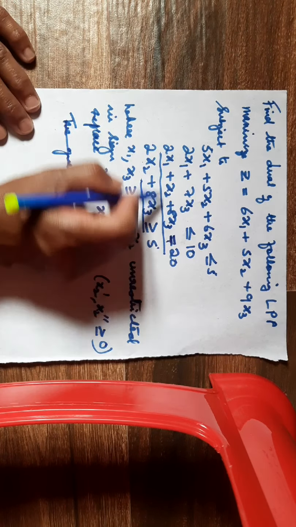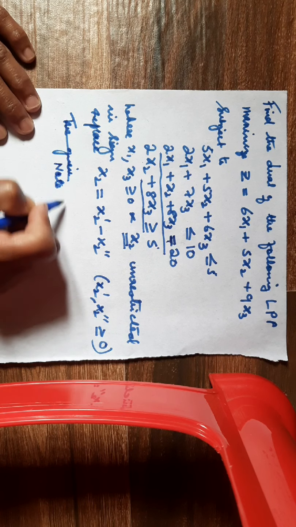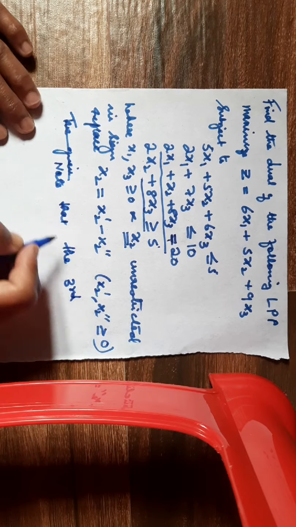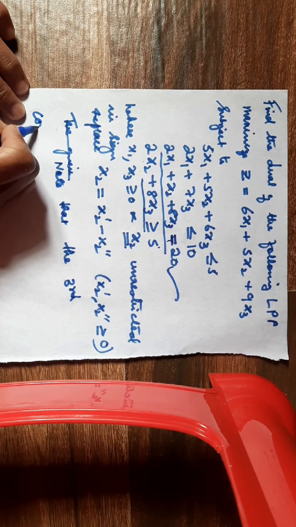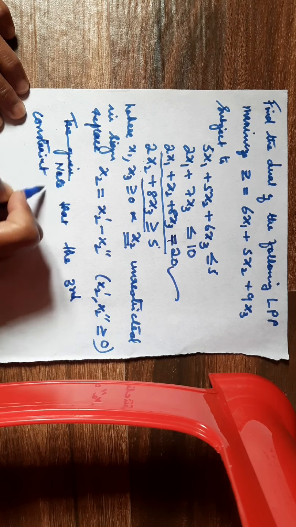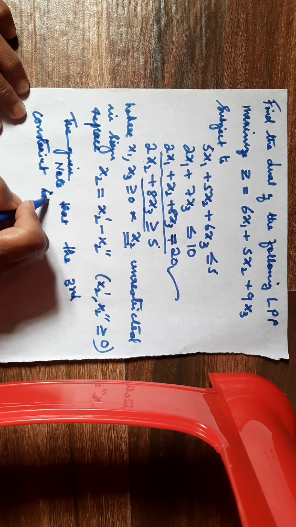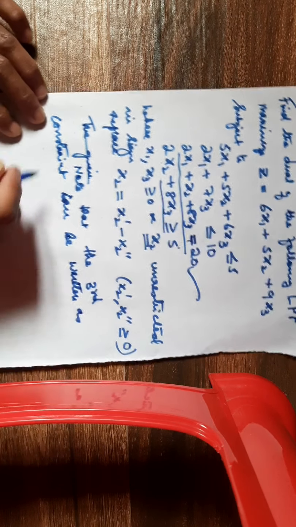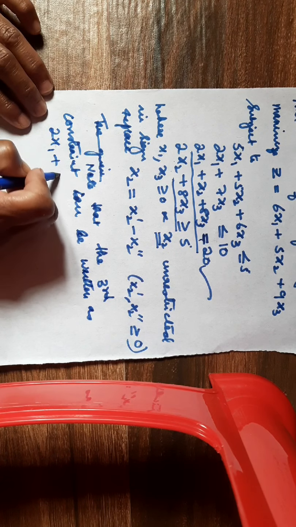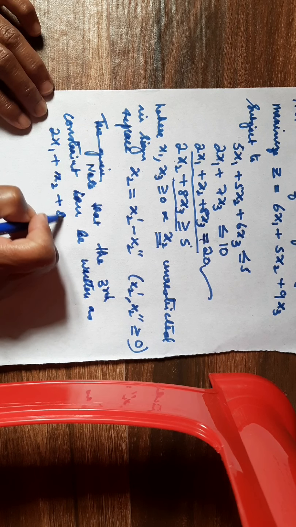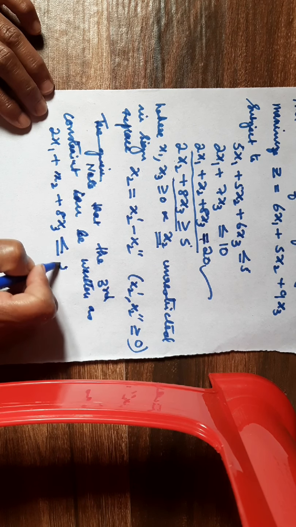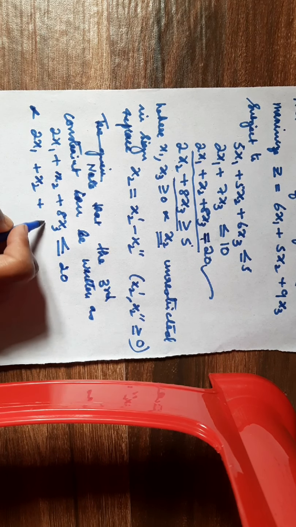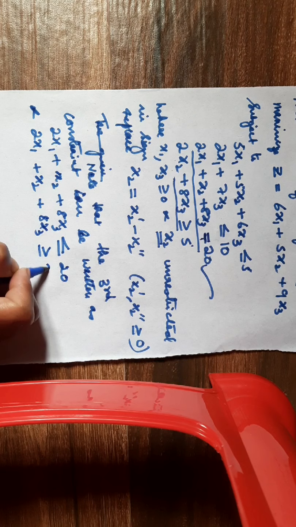or we can write it in this way. Note that the third constraint can be written as 2x1 plus x2 plus 8x3 less or equal to 20, and another one is 2x1 plus x2 plus 8x3 greater or equal to 20.